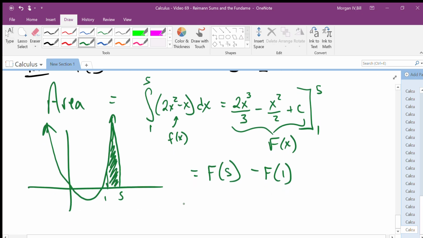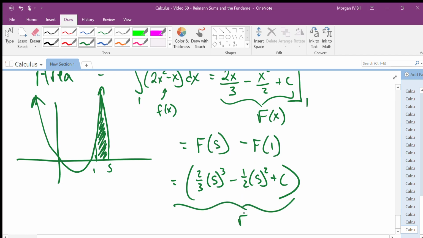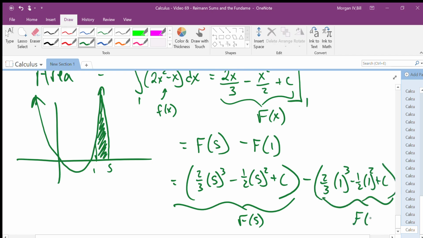It looks like this. 2/3 times 5 cubed minus 1/2 times 5 squared plus c. This is F of 5, minus 2/3 times 1 cubed minus 1/2 times 1 squared plus c. And that is capital F of 1, the antiderivative evaluated at 1.